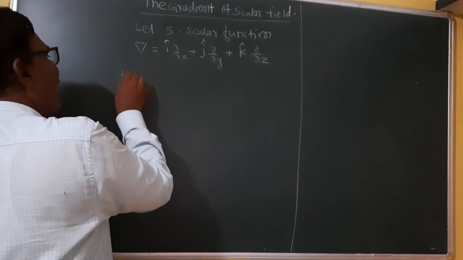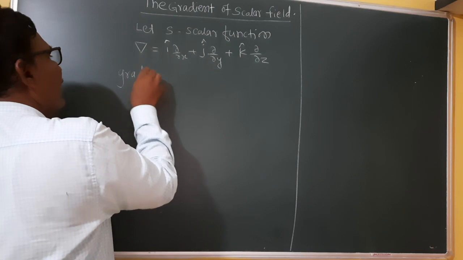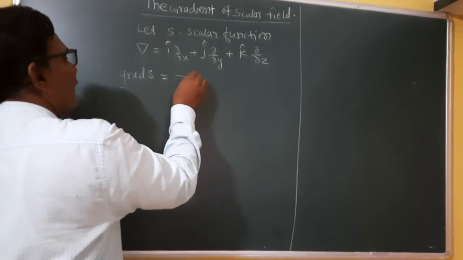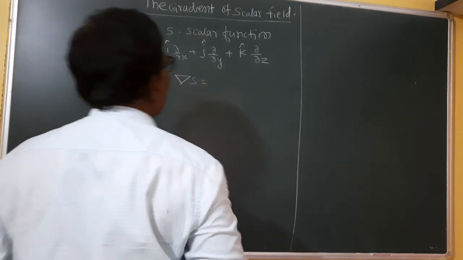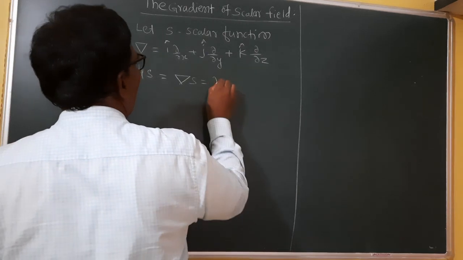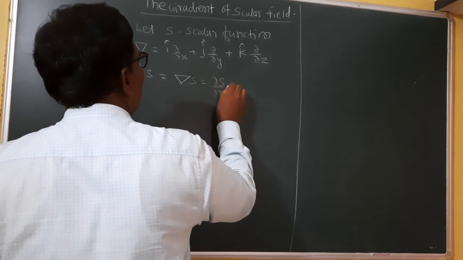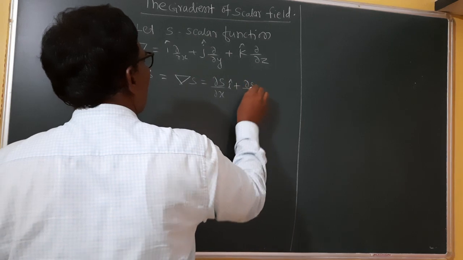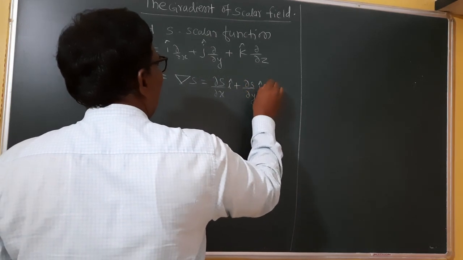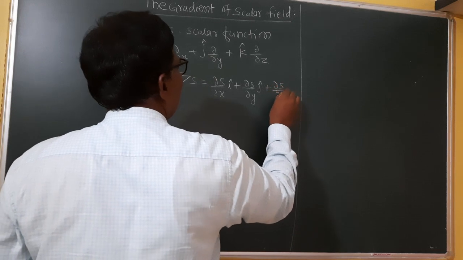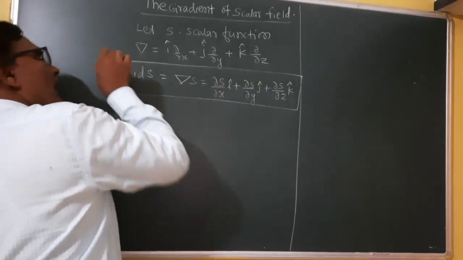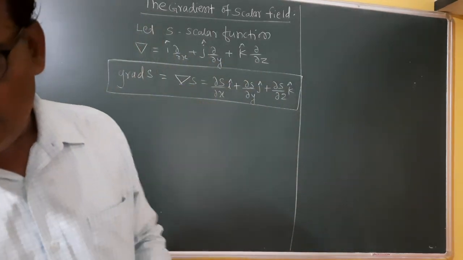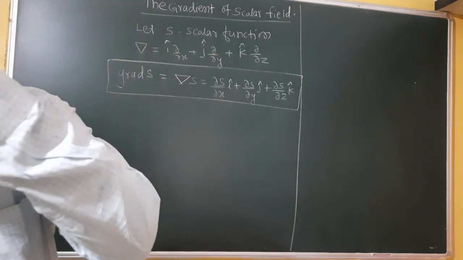Now what is the gradient? The gradient, grad, or the gradient operator, is del S, which is dou S by dou x into i cap plus dou S by dou y into j cap plus dou S by dou z into k cap. This is the gradient of a scalar field, or gradient of a scalar function.